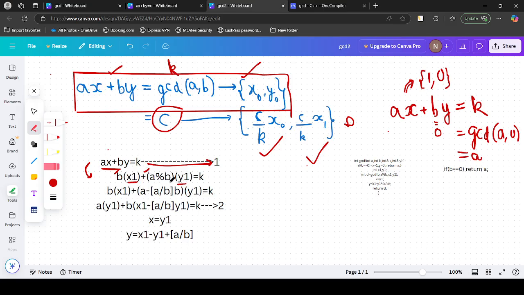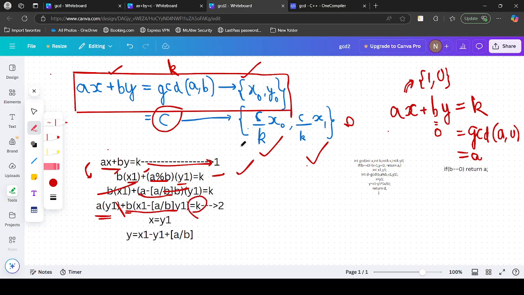So b into x1 plus a mod b into y1 is equal to k, and a mod b is equal to a minus a by b into b, which is the definition of mod. And what if we try to simplify it? We can take a into y1 outside and b common from this term and this term as well. So we are left with a into y1 plus b into x1 minus a by b into y1 is equal to k.